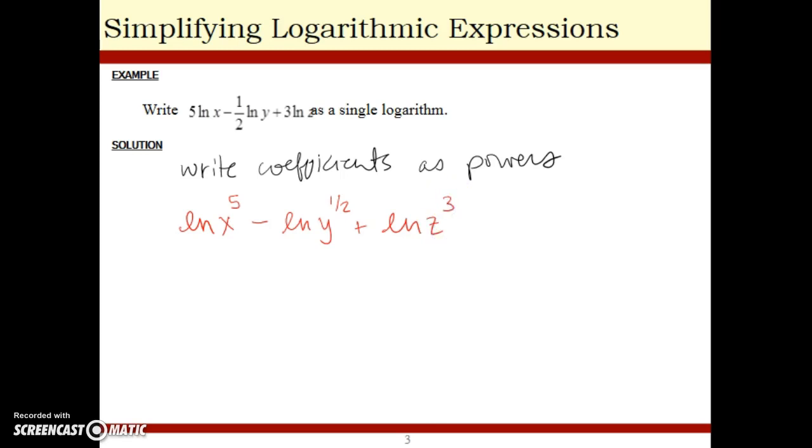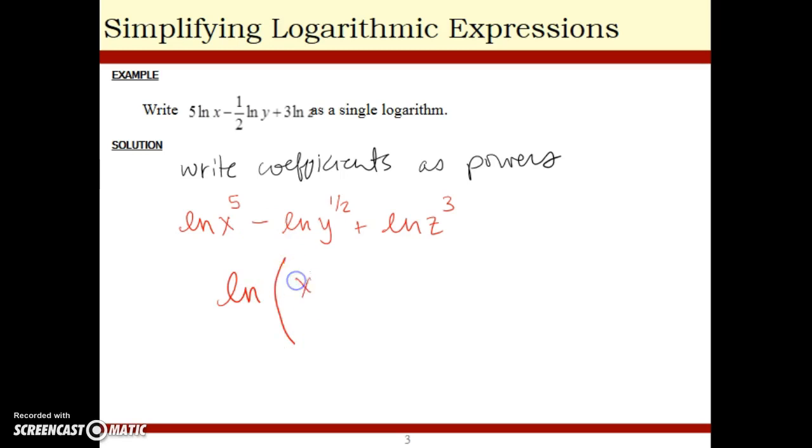Once you get rid of the coefficients, now what we can do is combine using the multiplication division property, where everything that is positive is going to go in the numerator. Every term that is negative goes in the denominator. So now we can write this all in one natural log.